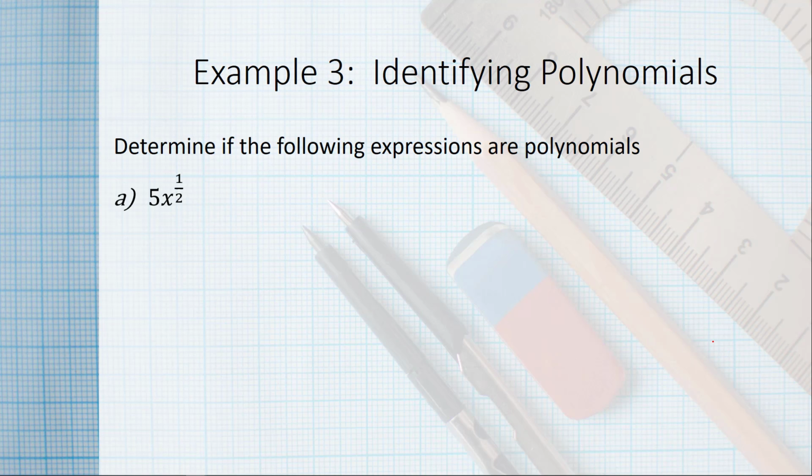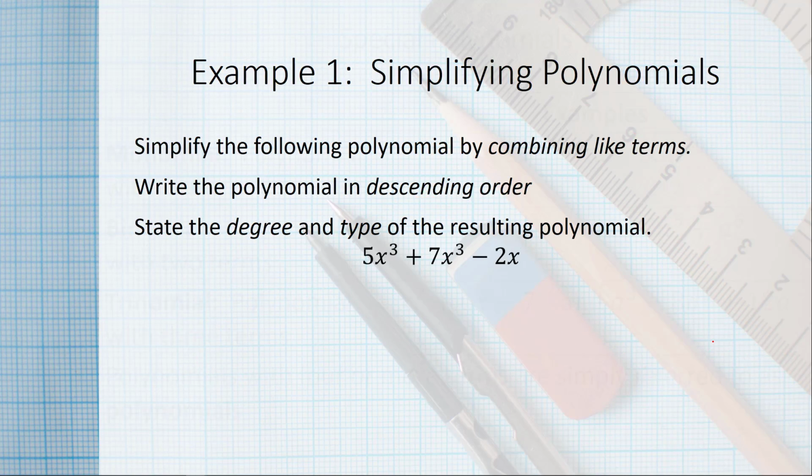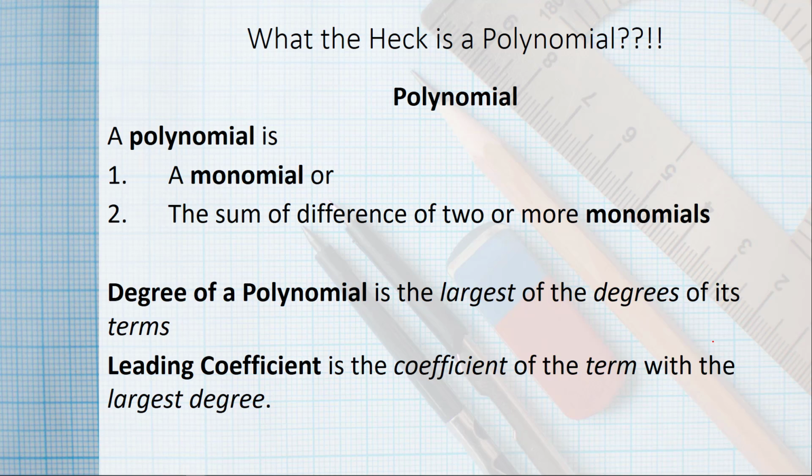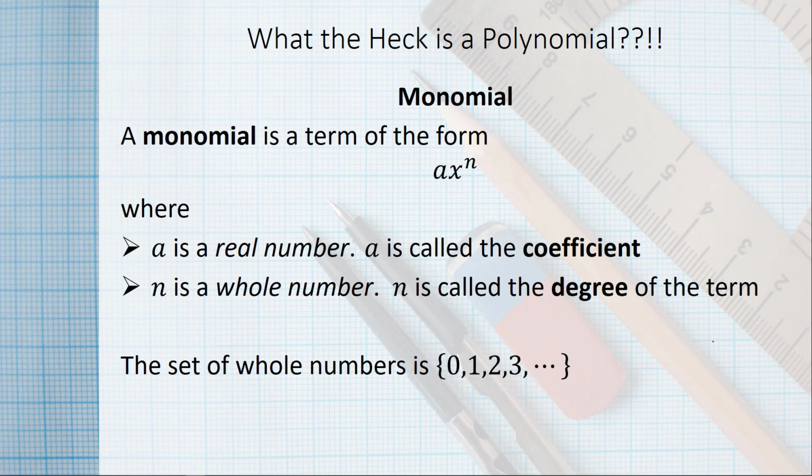Here is another one. Here we need to identify polynomials. Now, if you recall, polynomials are a collection of monomials, and each monomial is going to be a coefficient times x raised to a whole number n. In other words, n cannot be a fraction.